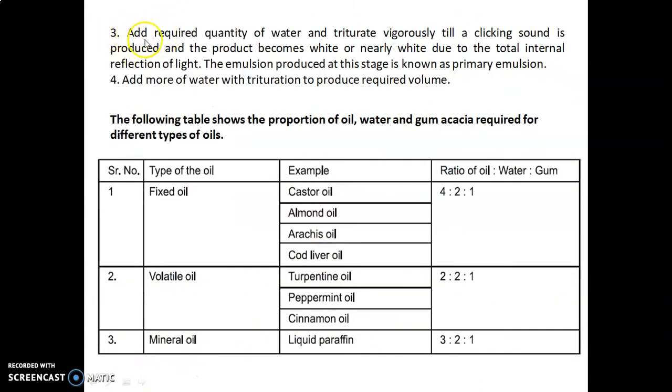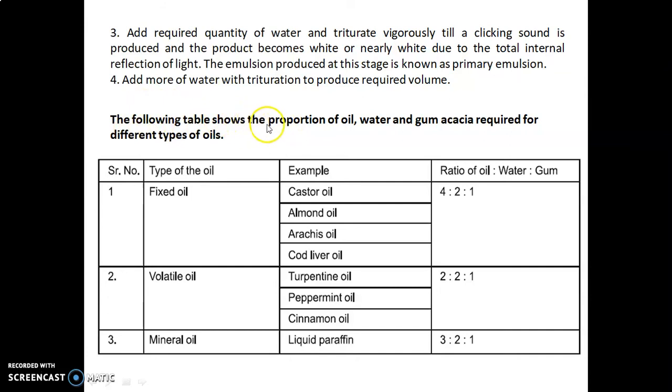Third, add the required quantity of water and triturate vigorously till a clicking sound is produced and the product becomes white or nearly white due to the total internal reflection of light. The emulsion produced at this stage is known as the primary emulsion. Fourth, add more water with trituration to produce the required volume.